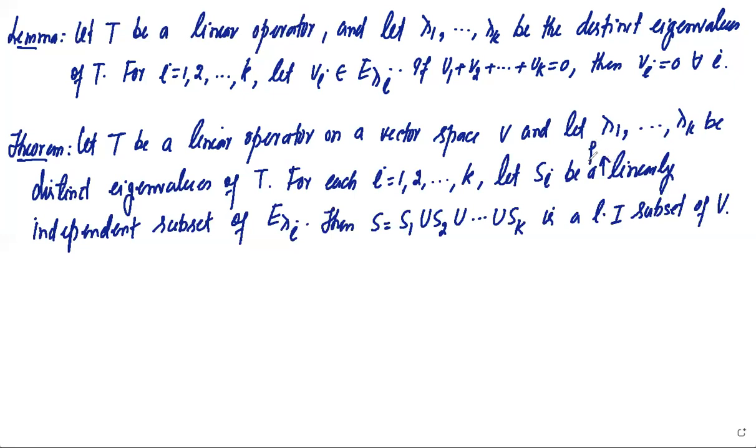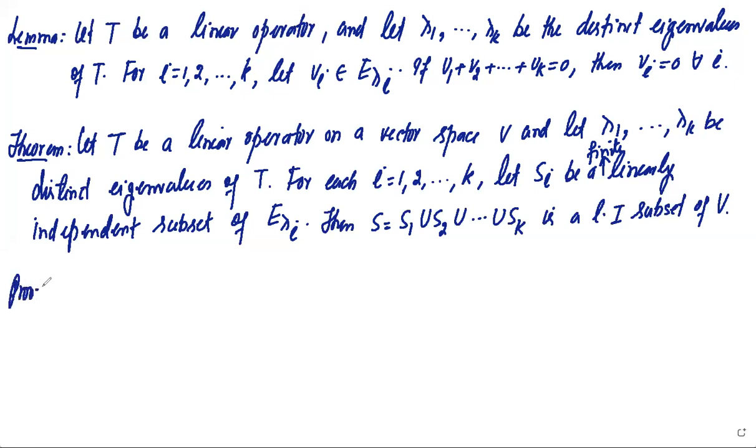So finiteness is necessary here. If T is a linear operator and these are the k distinct eigenvalues of T, and we define Si to be a finite linearly independent subset of the eigenspace corresponding to lambda i, then the union of these subsets corresponding to the lambda i's is a linearly independent subset of the vector space V.